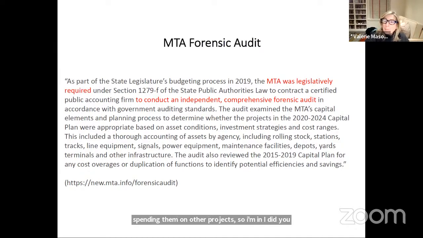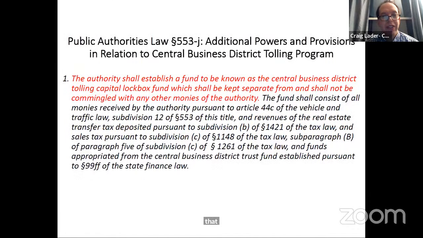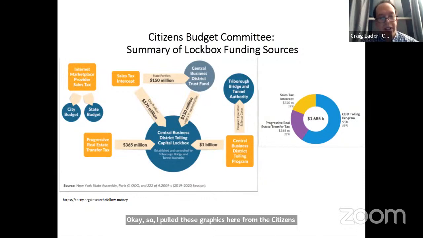Yes, and in fact, Said, if you don't mind scrolling up about 6 pages or so, I could walk everyone through it. Okay, so I pulled these graphics here from the Citizens Budget Commission, and I have a link on here so people can see the graphics themselves.